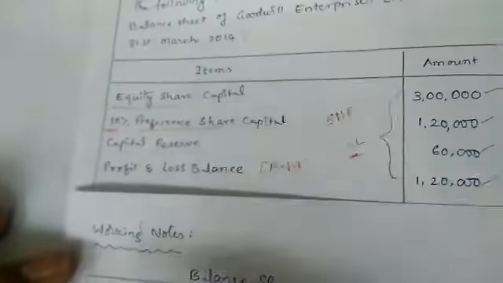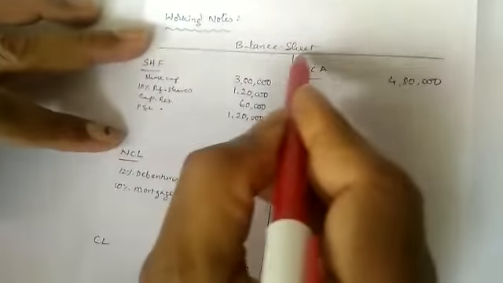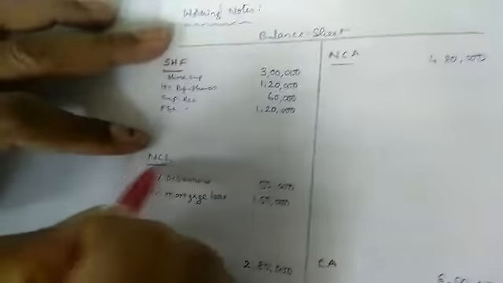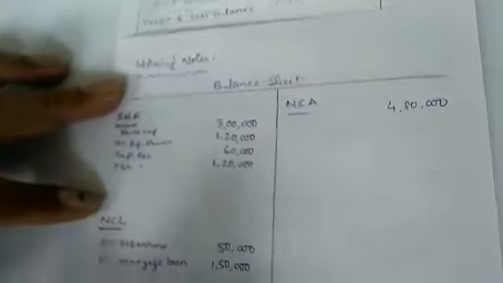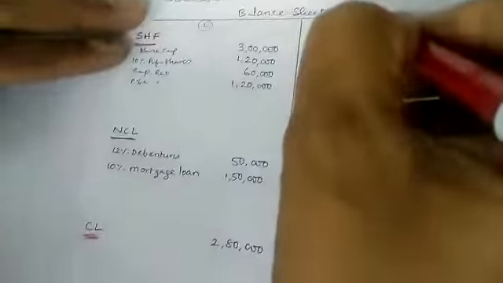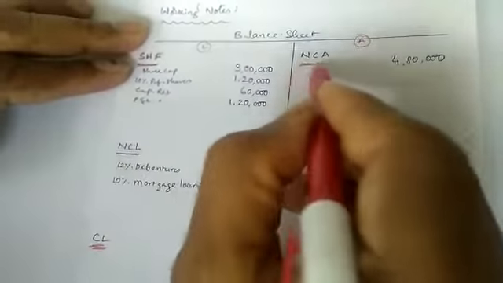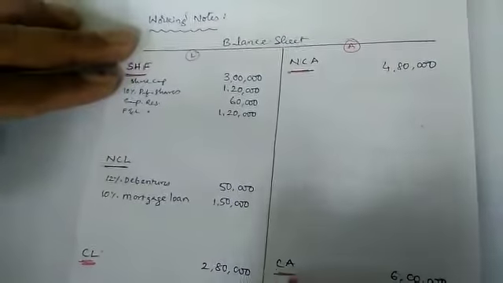So you prepare like this, draw the lines. Put the heading balance sheet. Under that, first shareholder funds, non-current liabilities, current liabilities. These are the three major headings on the liability side. Coming to the asset side, two major headings are there, non-current assets and current assets.